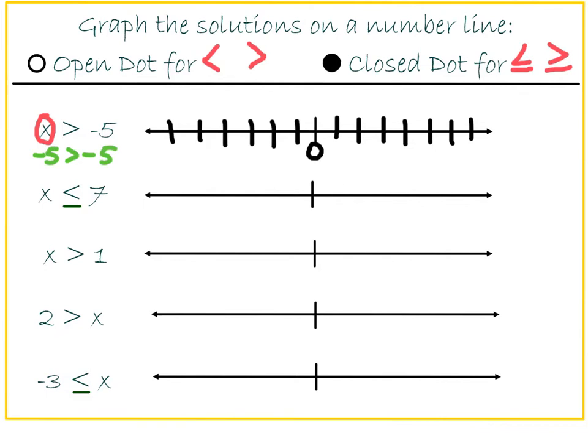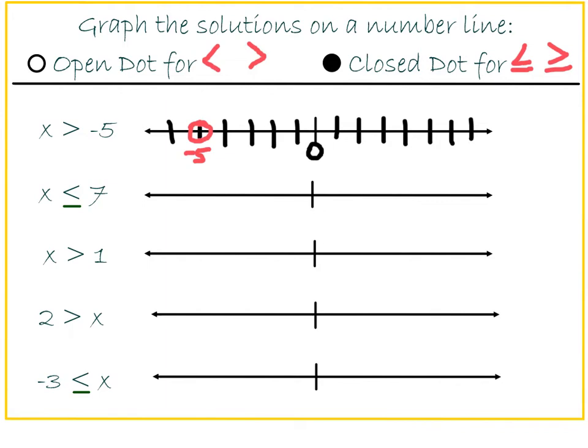No, it's not. And so what that means is on our number line, we're going to go to -5, label it, and we're going to put an open dot at -5 to show that -5 is not actually a solution to this inequality. Now, we talked about the numbers that are solutions, though. We said that -4, -3, -2, -1, 1, 2, 3, 4, 5, all of those are solutions.